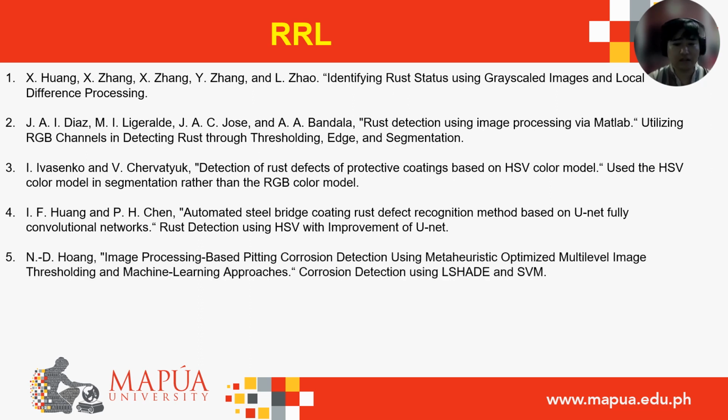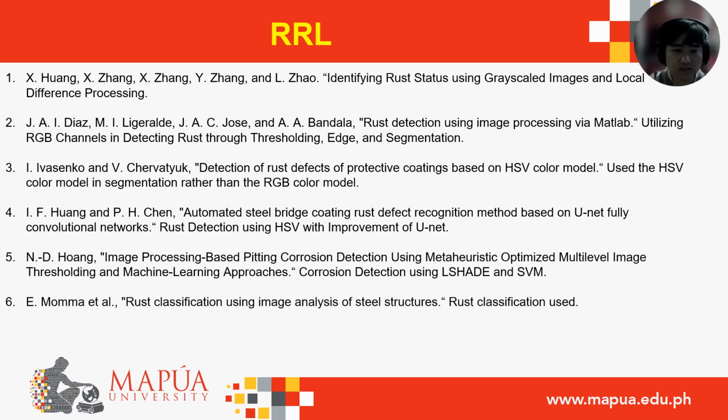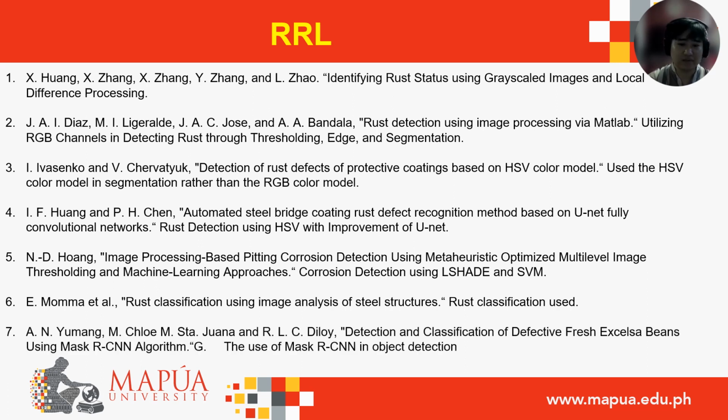Fifth study delved into detecting pitting corrosion, and sixth study wherein rust classification categories were identified and used by researchers as basis for classification. And lastly, a study by Yumang employed that the use of Mask RCNN can be used in detection.